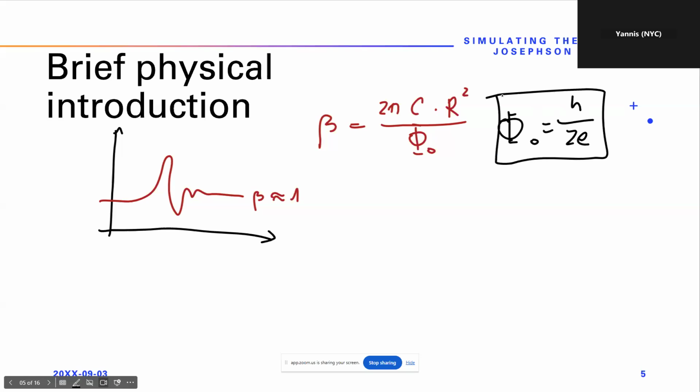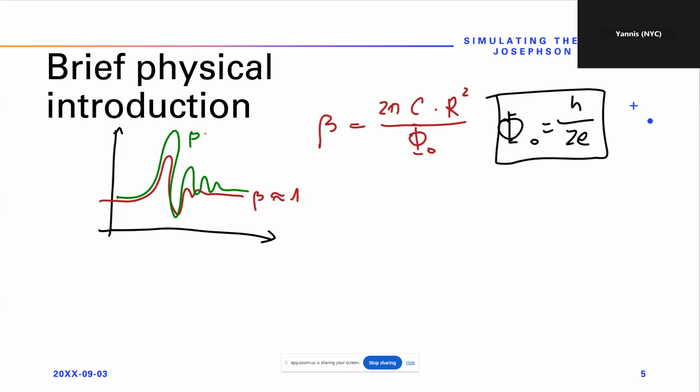So this shape of voltage response would be equivalent to a parameter beta of more or less 1. Now, if we want to increase the resistivity, and we do that by increasing the biasing current, we would get more oscillation. We would get something like this, and it would take longer to stabilize.